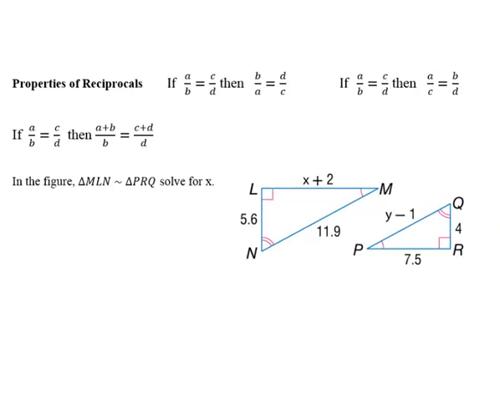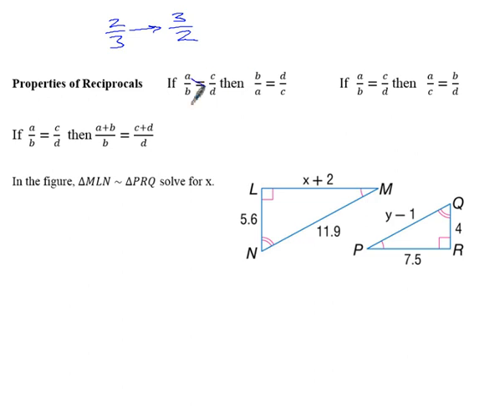All right, here are some rules about reciprocals. You may remember the word reciprocal from algebra or from earlier this year when we talked about slope. A reciprocal is when you take a fraction, so if I had 2/3, the reciprocal would be 3 over 2. So if I have this proportion here of A over B equals C over D, I can take the reciprocals of each of those fractions, and it still gives me the same thing.